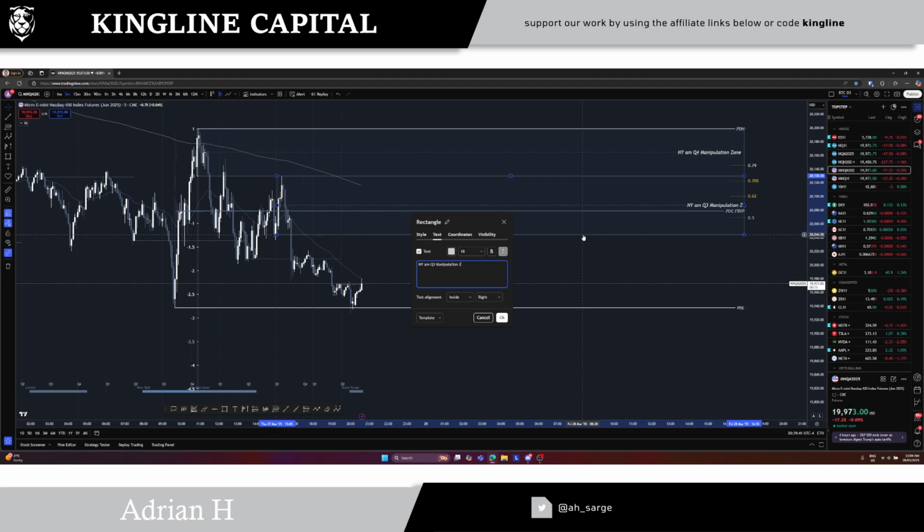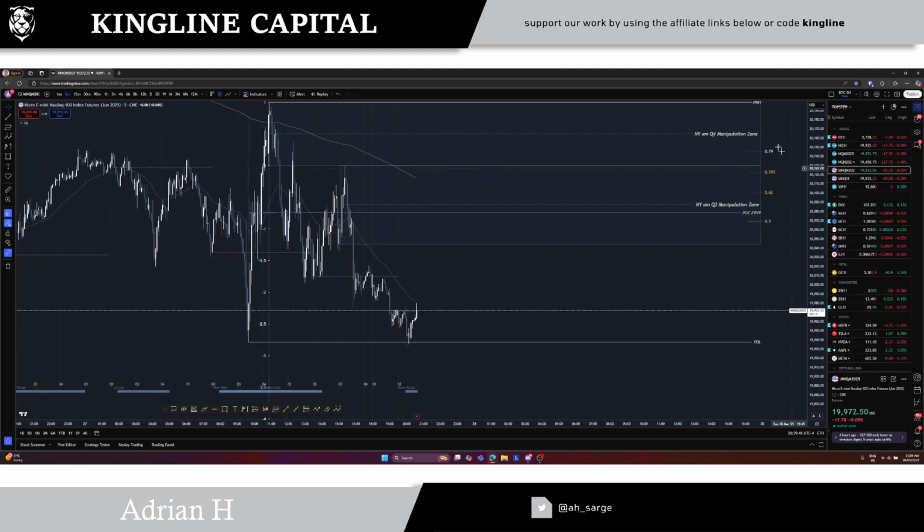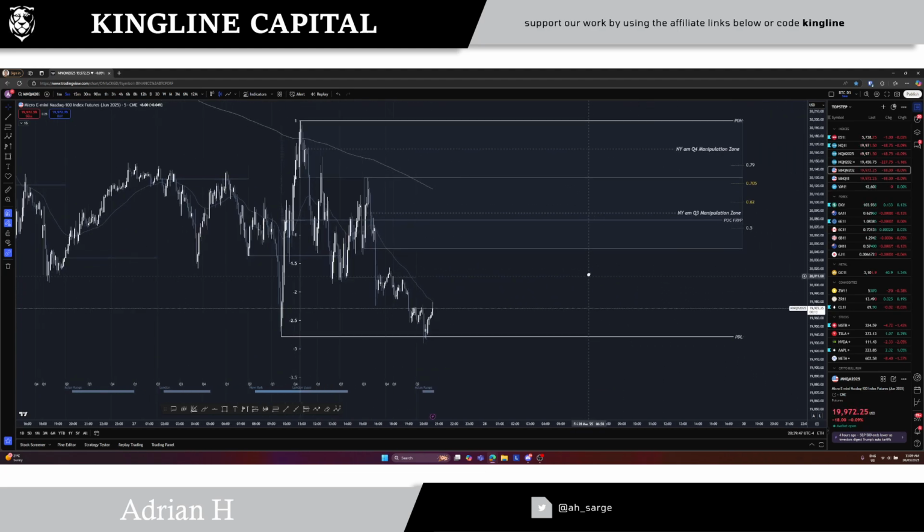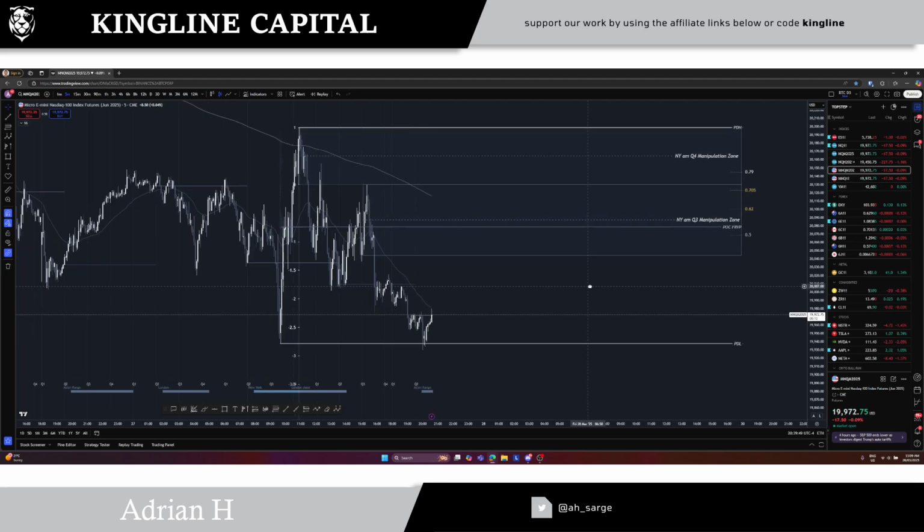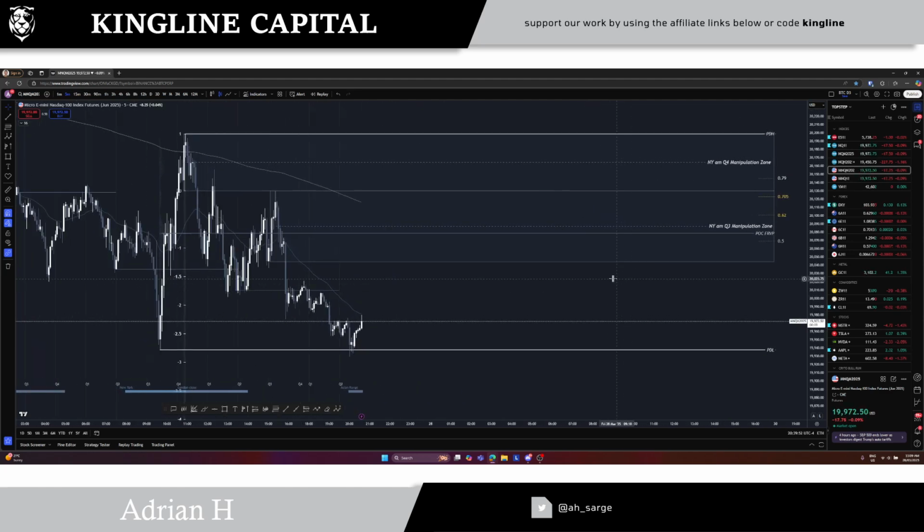Zone, sorry. And this is going to be a plausible low zone. We don't have a zone over here.